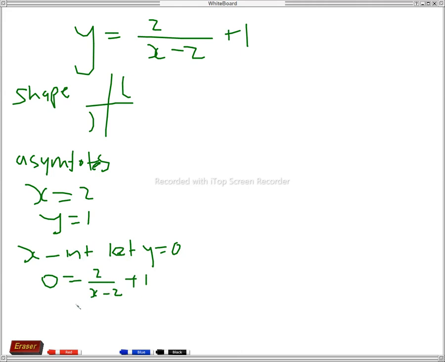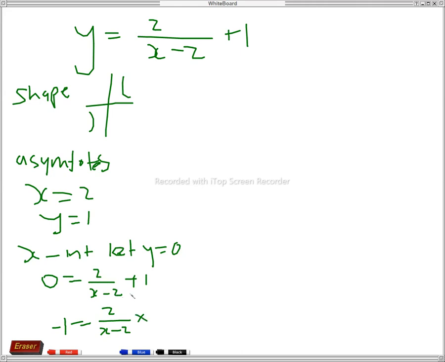I'm going to transpose the positive 1 to the other side, so it becomes negative 1, which equals 2 over x minus 2. I have to simplify here.